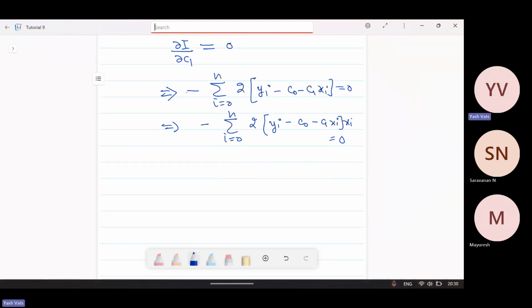Further simplification gives you this equation: c0 n plus c1 summation xi, and so on.